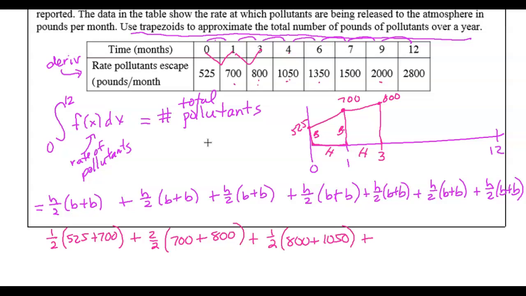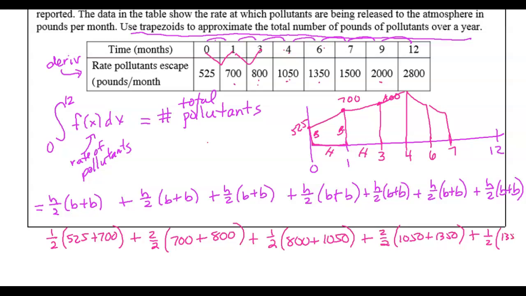So I'm going to draw it because sometimes I lose track. So 1, 2, 3, 1, 2, 3. So then I'm going from 4 to 6. All right, so my height is 2. And then 1050 plus 1350. And then my next height, so that one's done. My next height goes to 7. So 1.